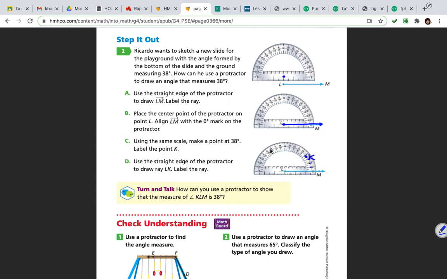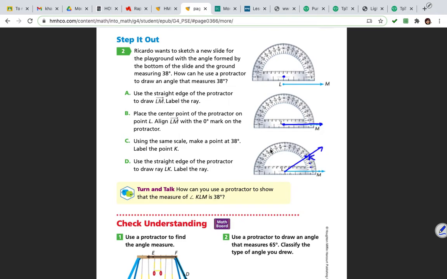If you don't have a protractor, just try to draw a straight line, and it would look like that. Now that we have our angle, you can see that it is an acute angle. An acute angle is less than 90 degrees, so we did make the correct angle. It's an acute 38 degree angle.